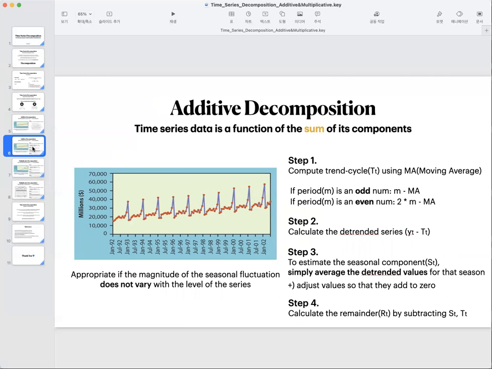For example, we'll set 7 for weekly data or 4 for quarterly data. However, if the period is an even number, like quarterly data, a problem occurs because the number of data before and after time t is different in the window.